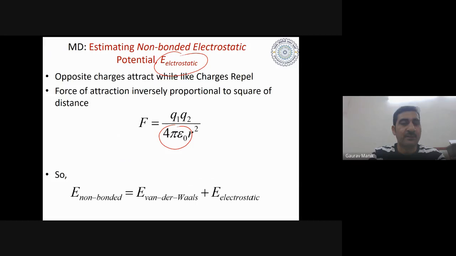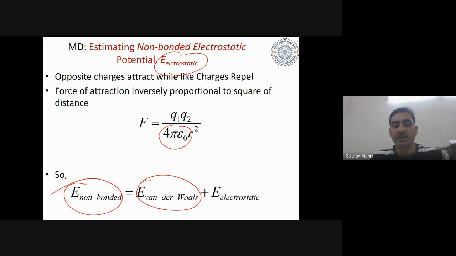Once you do that for the entire cluster of all the particles in your simulation box, you are ready to know the non-bonded potential, because you have calculated the van der Waals or the dispersive potential, and also the electrostatic potential. The sum of these two is referred to as the total E non-bonded potential.